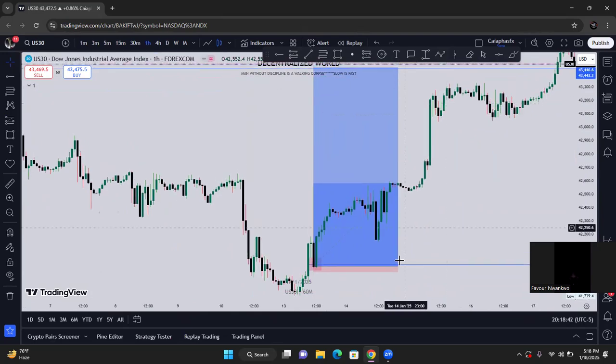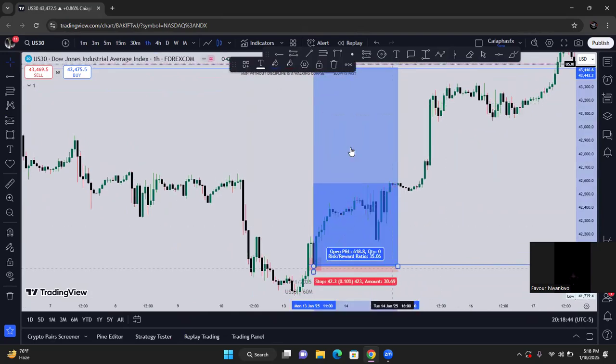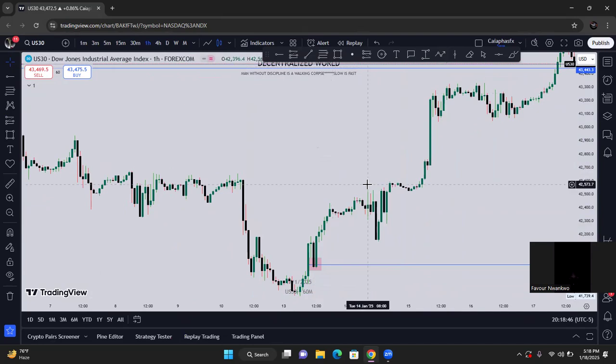Then this was the first trade. Then the second trade. I got stopped out here. Let me show you this, to show that at times the strategy can do its thing.